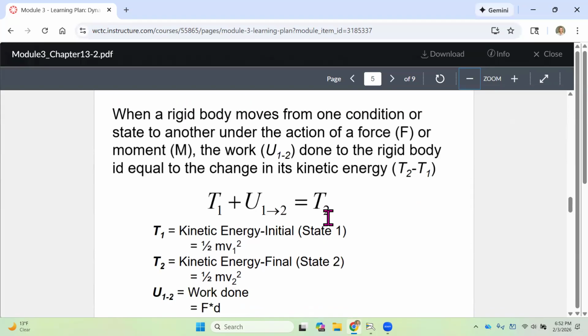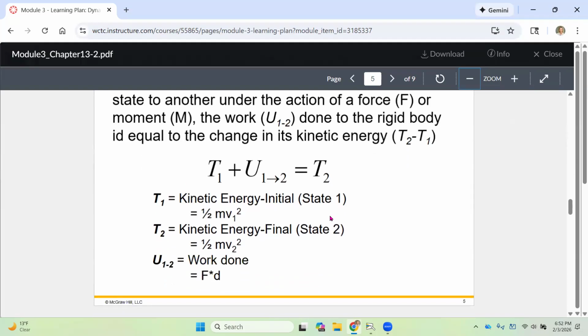Now, for my entire existence up until last year, whenever I had a kinetic energy problem, I would use KE equals 1/2 mv squared. I don't know why, but this book uses the quantity capital T. To me, that's torque, but in here it's T. So in this book, the work energy theorem is going to be: the initial kinetic energy, T1, in state 1, is equal to 1/2 mv squared.